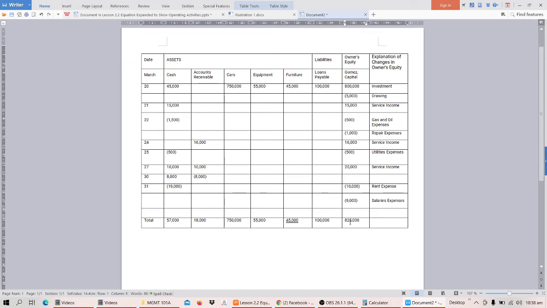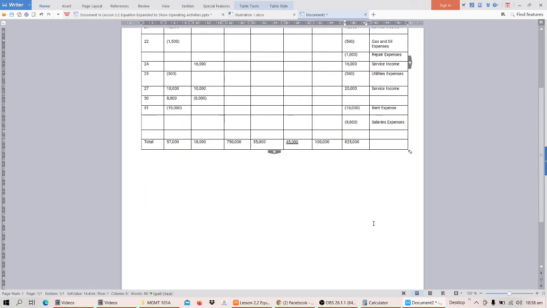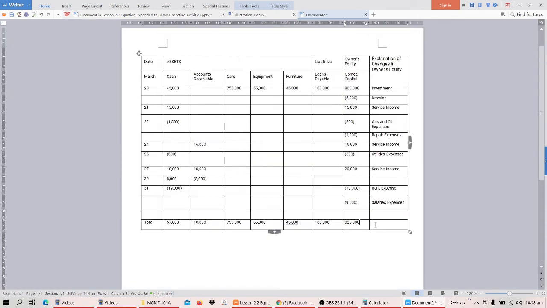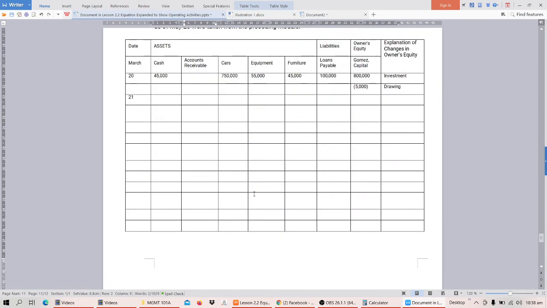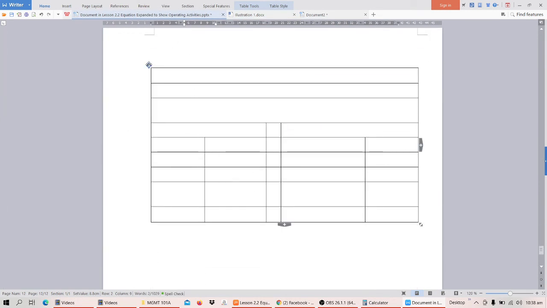Okay, so if we are going to make a financial position, it will be like this. So let's make a financial position.